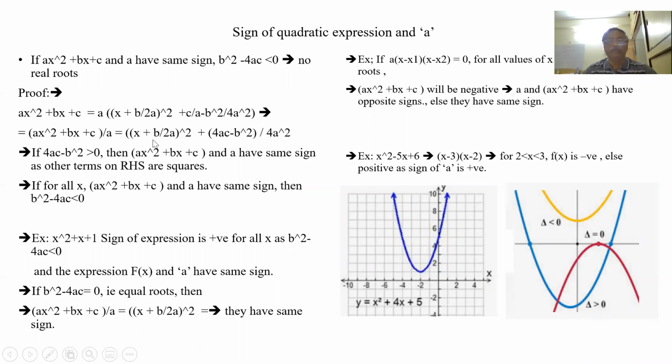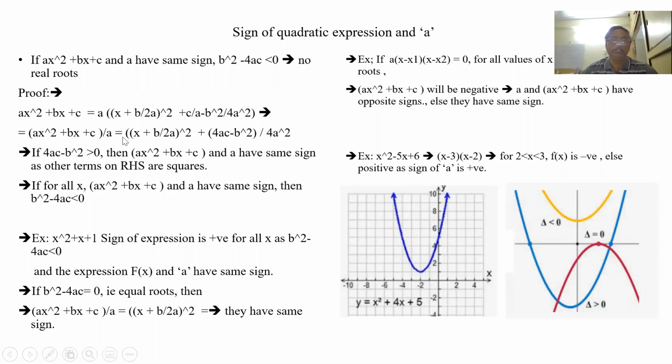That means if x is some value other than minus b by 2a, something will be added to this expression, 4ac minus b square by 4a, because it is a square. So because the square is becoming 0, this is the minimum value I am getting. Minimum or maximum: if a is minus, that means something will be minus here. Suppose a is minus, something value will be reduced. I am getting the maximum.